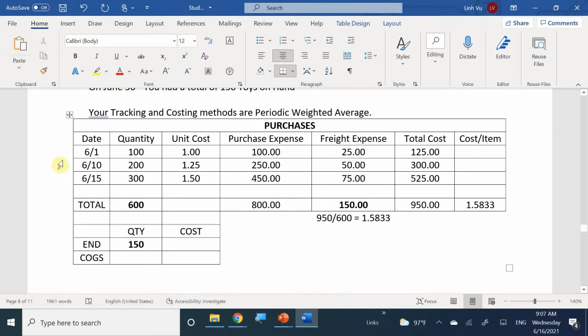So in this case, if I have 150 items left, how many did I sell?